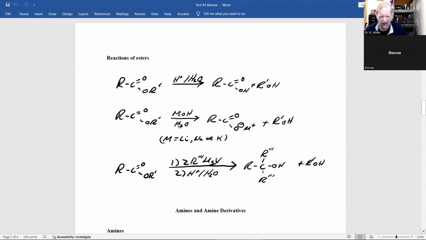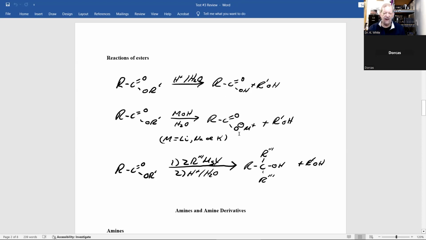This is base hydrolysis. And the base I'll use for this class is either LiOH, NaOH, or KOH, where M is lithium, sodium, or potassium. In the presence of water, you don't get the carboxylic acid, because as soon as you get that, it reacts with the base to form the carboxylate anion.